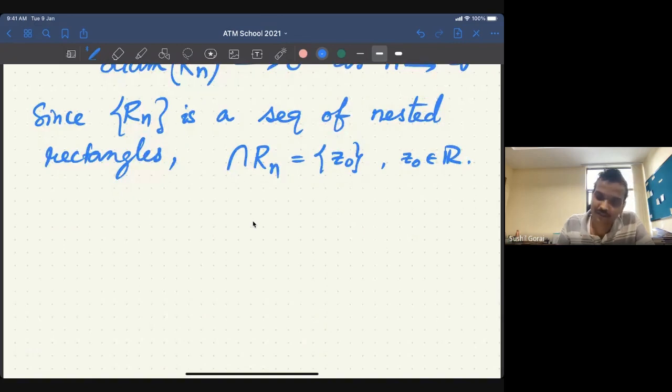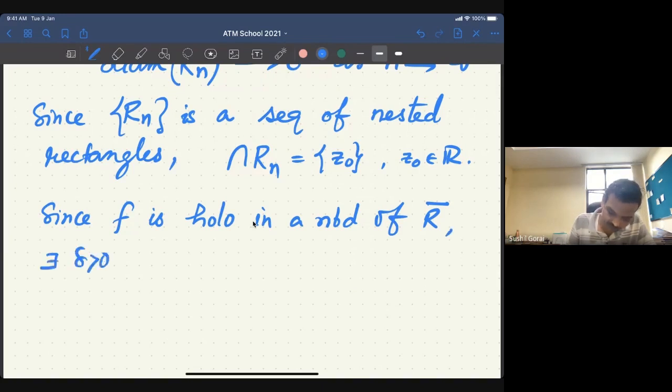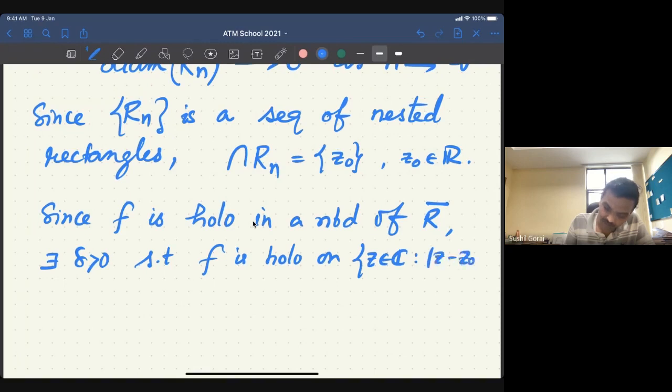Now we use holomorphicity. So since F is holomorphic in a neighborhood of R closure, there exists delta greater than 0 such that F is holomorphic on a delta neighborhood of Z0, which means mod of Z minus Z0 less than delta. All right.